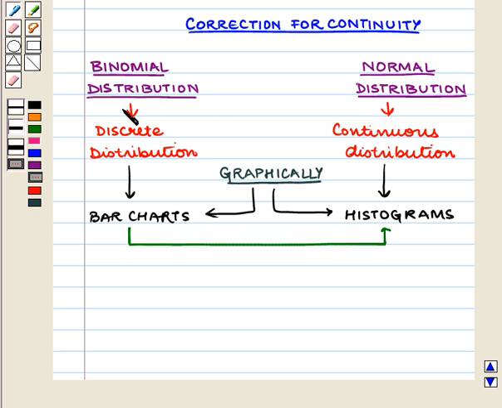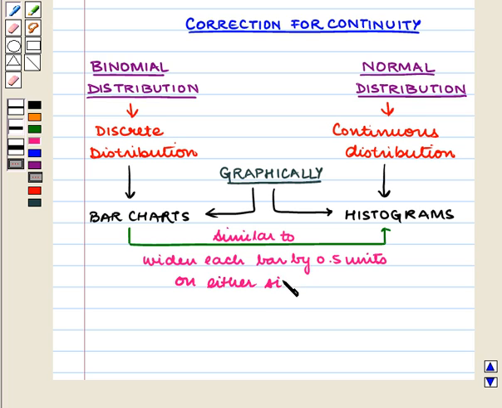In order to compare the binomial and normal distributions, we draw a bar chart that looks similar to a histogram, and for this, we widen each bar by 0.5 units on either side so that each is still centered on an integer value, but the bars now touch each other.